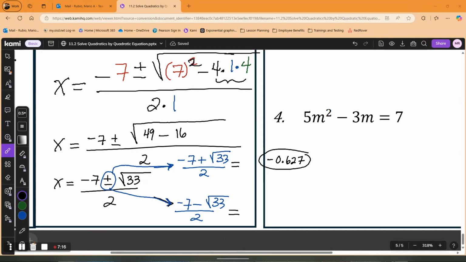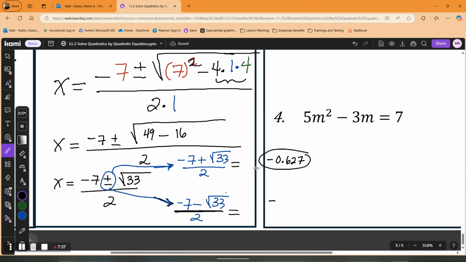And for this one, I do -7. There's at least a couple different ways I know how to enter this into the calculator, so if you need help, you need to let me know. I know we don't go over calculator tools that often, but I should put it in the calculator like this. This division needs to go under both the -7 and the minus square root of 33.